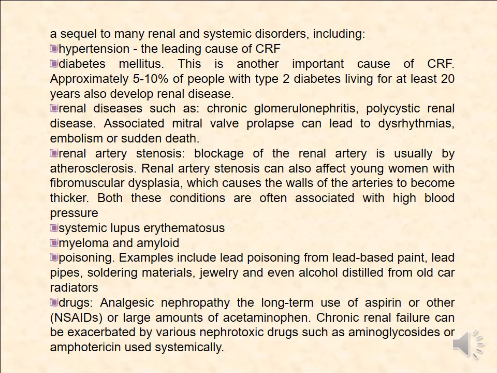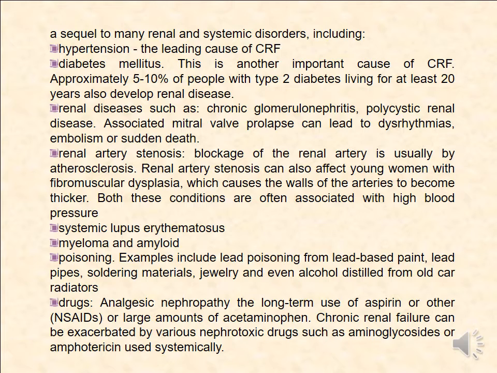The leading causes of chronic renal failure: the sequel to many renal and systemic disorders include hypertension. Diabetes mellitus is another important cause. Approximately 5 to 10% of people with type 2 diabetes living for at least 20 years also develop renal disease. Renal diseases such as chronic glomerulonephritis and polycystic renal disease, associated with mitral valve prolapse, can lead to dysrhythmias, embolism, or sudden death.